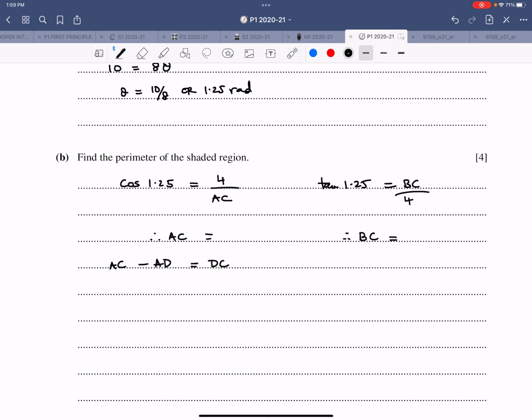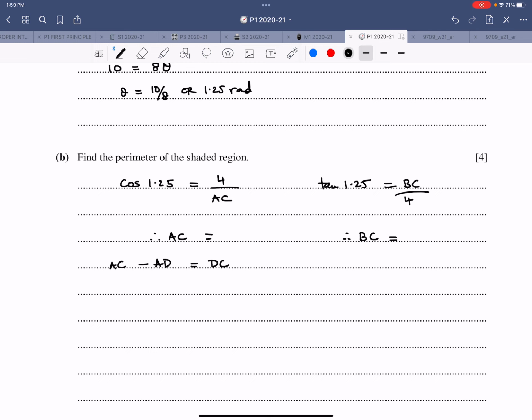So the calculator again, and this time I need a cosine of 1.25. AC is 4 divided by this thing, so I need the reciprocal multiplied by 4. So therefore this is 12.685.